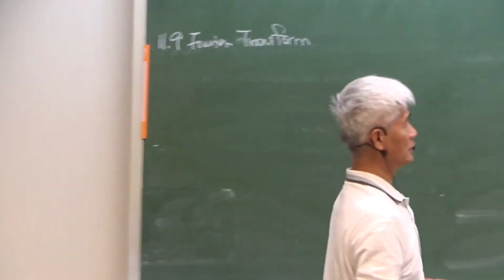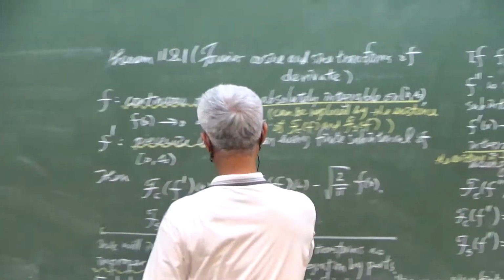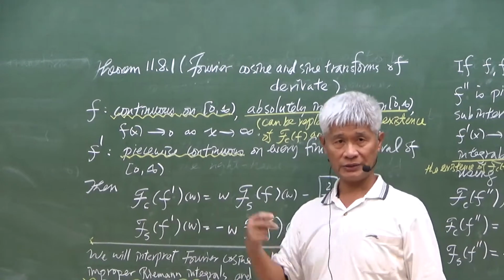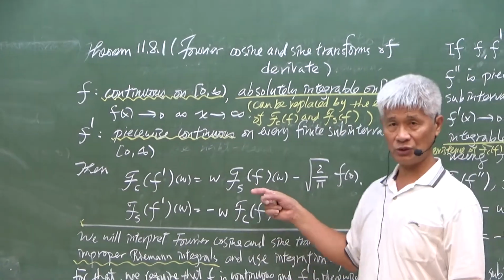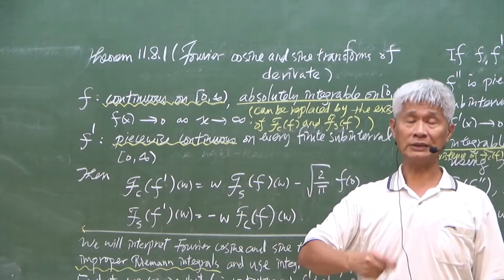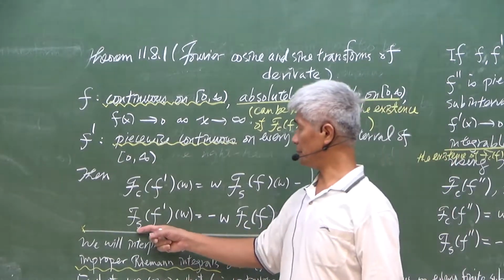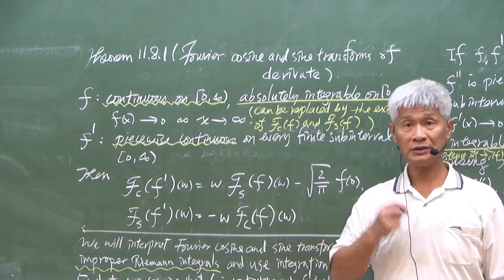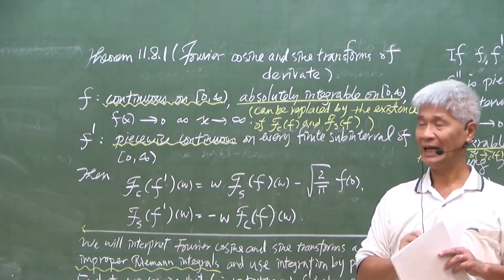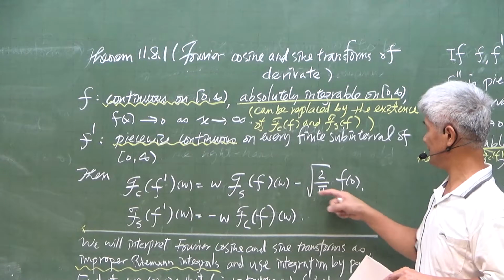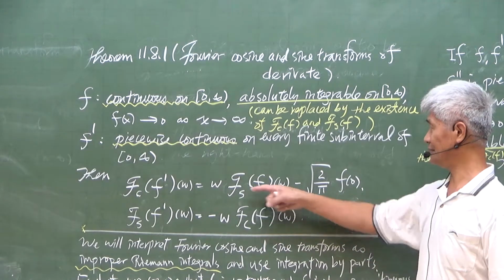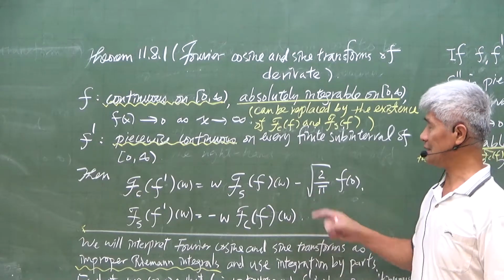For example, when we derive some properties about the Fourier cosine transform, it will relate to the Fourier sine transform. On the other hand, if we derive some property about the Fourier sine transform, it will relate to the Fourier cosine transform. And also, you can see that there is something strange occurred when you derive some properties.